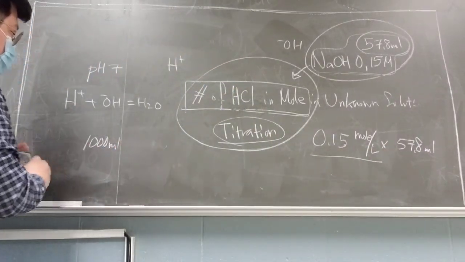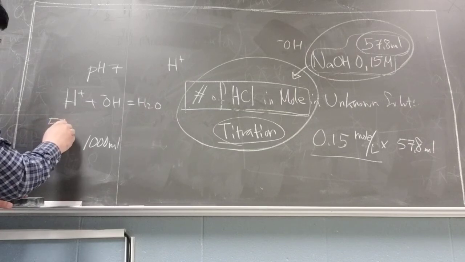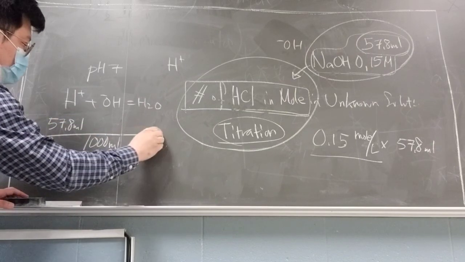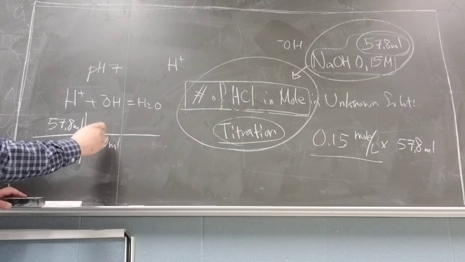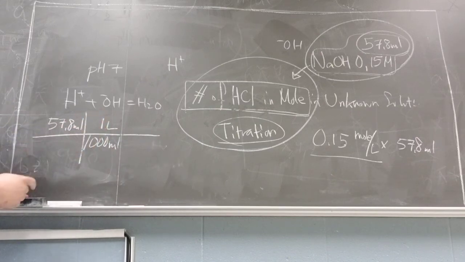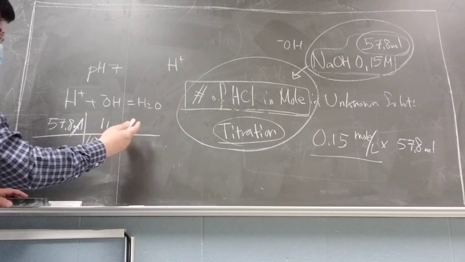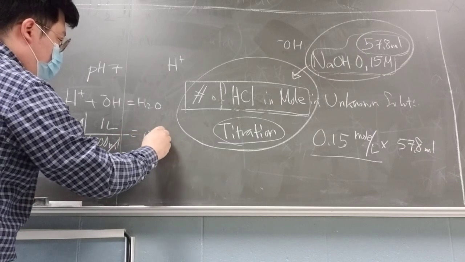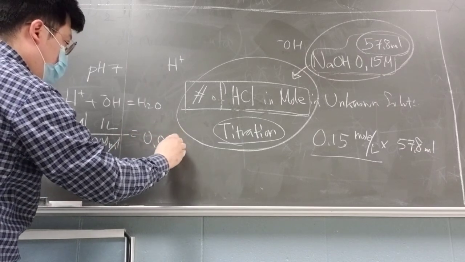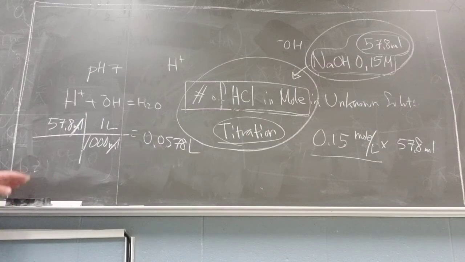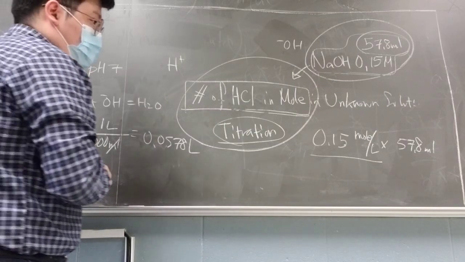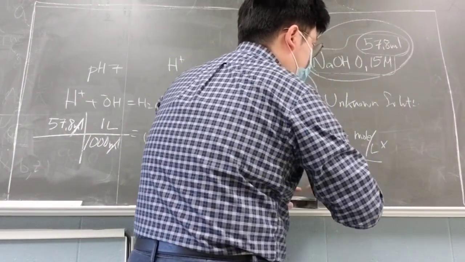So to have this in liters, you have to do 57.8 over 1,000 mL, and put the new unit there, which is a liter. So this unit will cancel, and you get 0.0578 liter. Okay. Now you can put that number here.